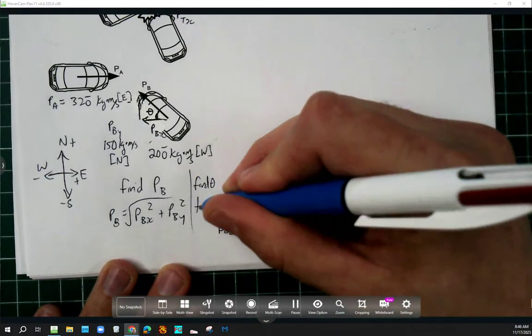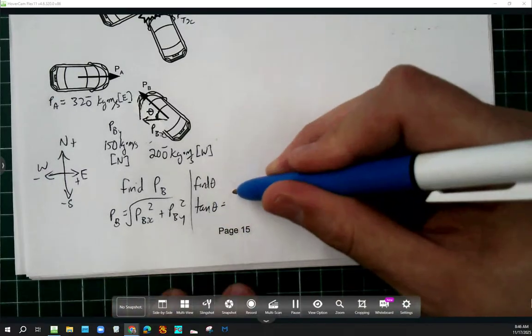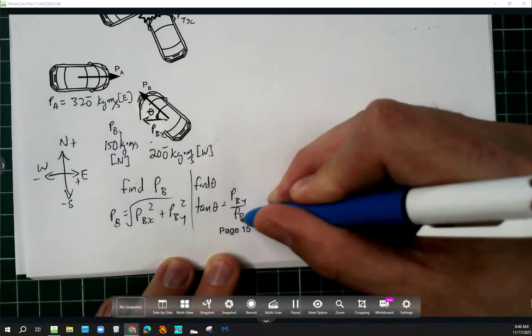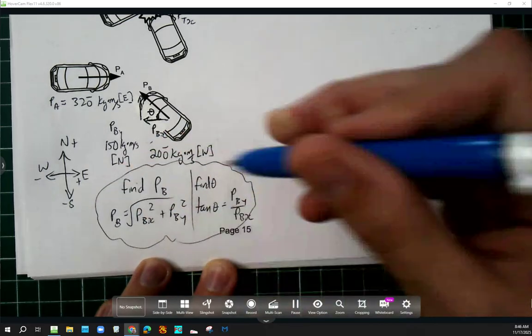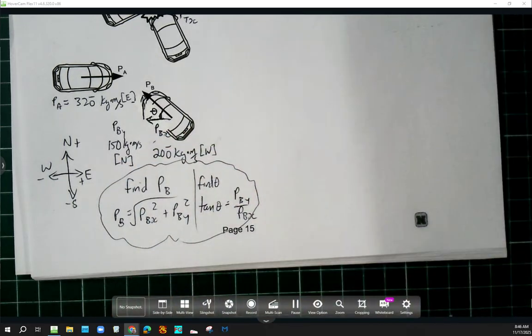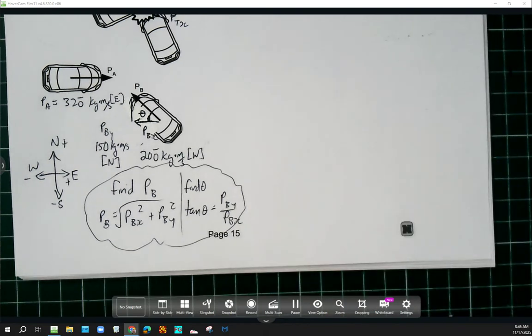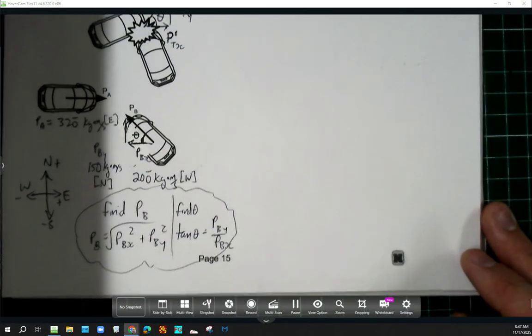I think I would use tan theta is equal to opposite over adjacent, PBY over PBX. So I'm just going to put a bubble around that, and you can make a note to yourself. We could figure that out, okay? Or we could just say we started with that information, with maybe some intersection camera footage.